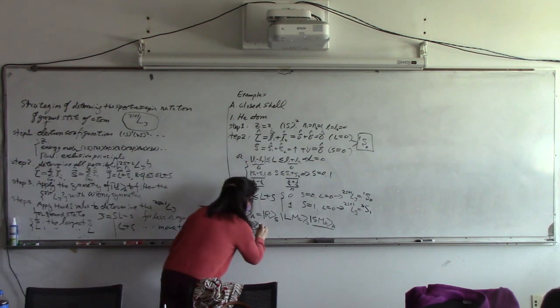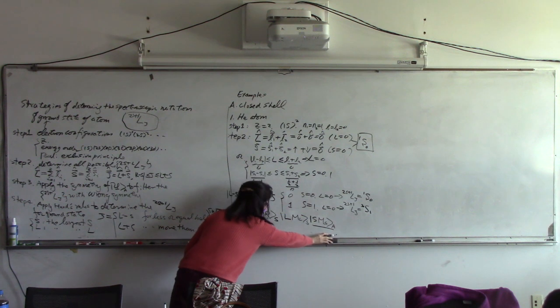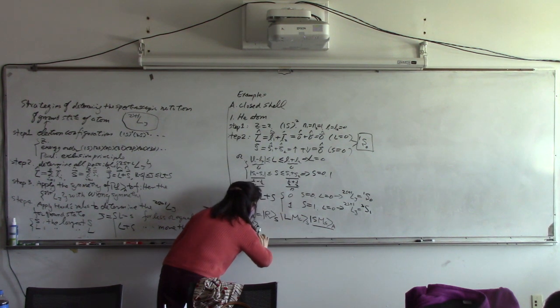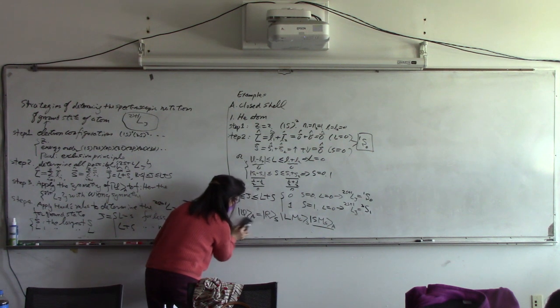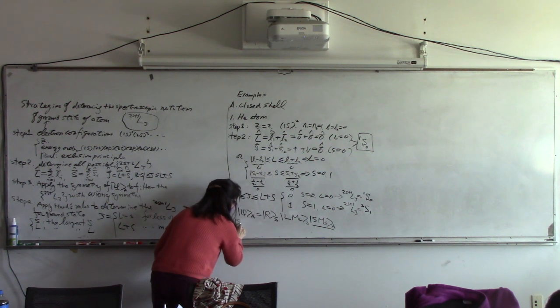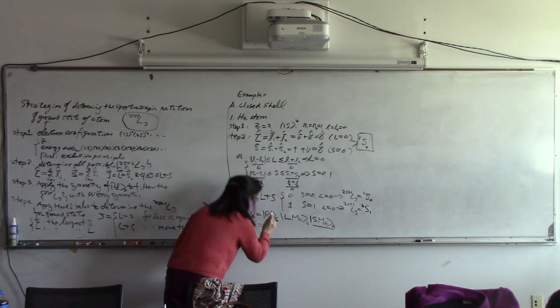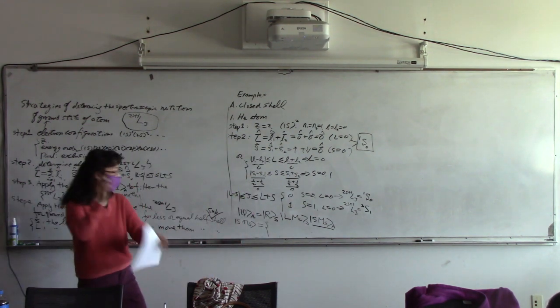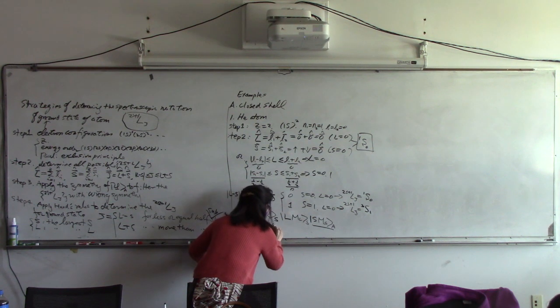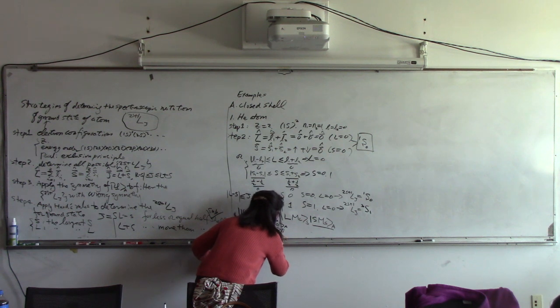So this one is symmetric, sorry, is anti-symmetric, and these 3 are symmetric. So in addition, we have a singlet state and 3 triplet states. The singlet state is anti-symmetric, and the triplet states are symmetric, if you remember. 1 minus 1 is symmetric.